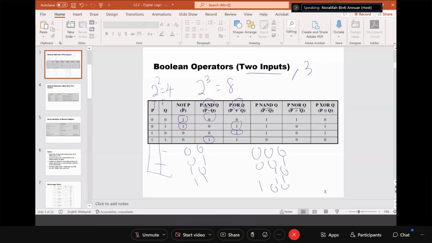For 1 or 1, the output will still be 1. It is opposite to the AND operation. For AND, the values must all be true, 1 and 1 to get 1. For OR, if either one of the inputs is 1, the output will be 1. Easy.